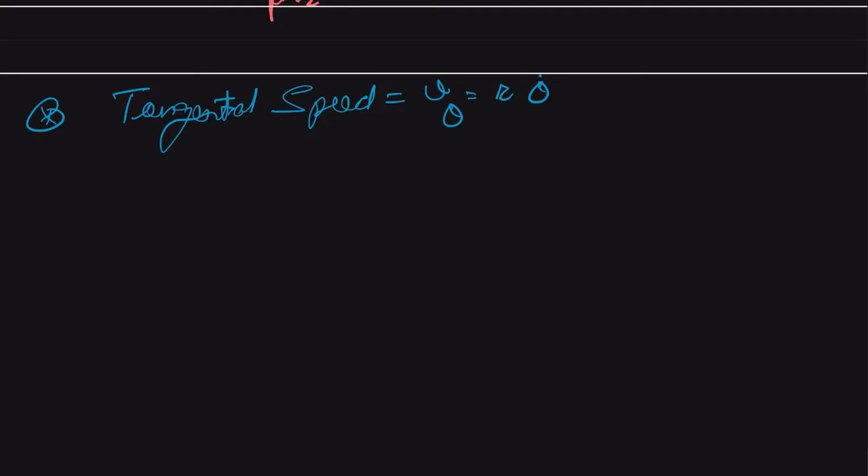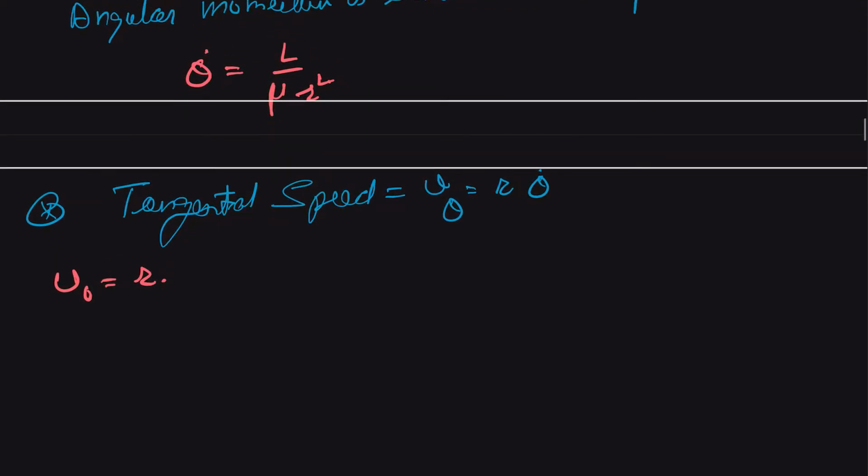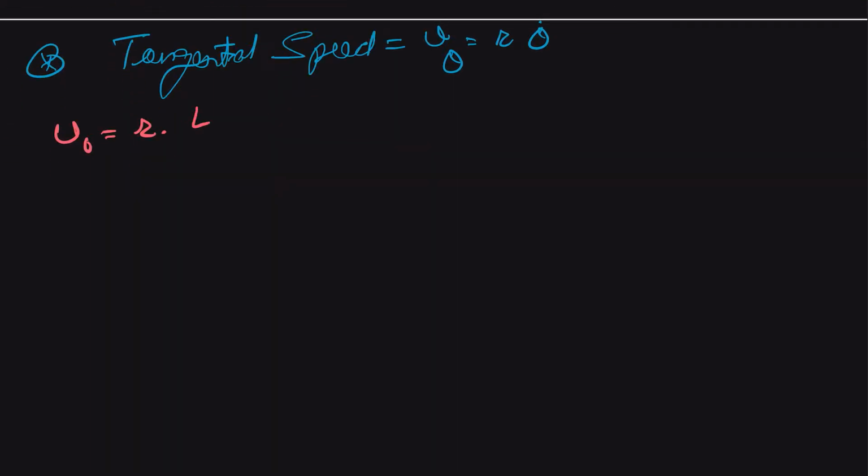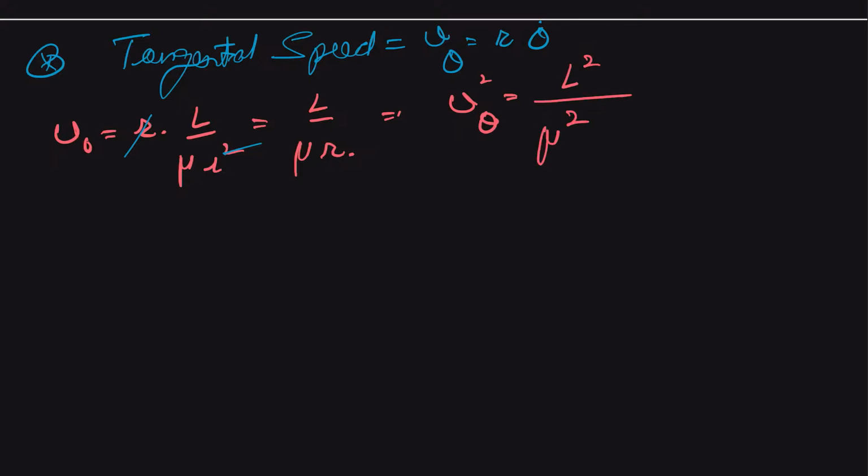So v of theta will be equal to r times theta dot, which we know is L upon mu r square, and this r square cancels with this r, so we get v theta equal to L upon mu times r. If we square both sides we get v theta square is equal to L square upon mu square r square.